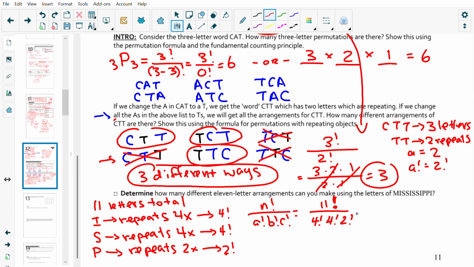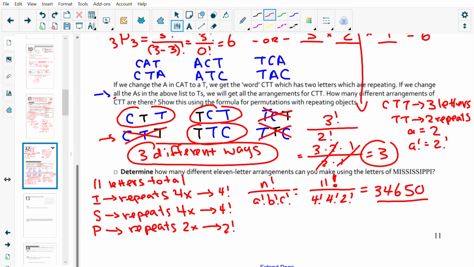And another 2 factorial, that's the repeat of the letter p's. And on your calculator, the result is 34,650 different ways. So 34,650 different 11-letter arrangements of the letters from Mississippi.